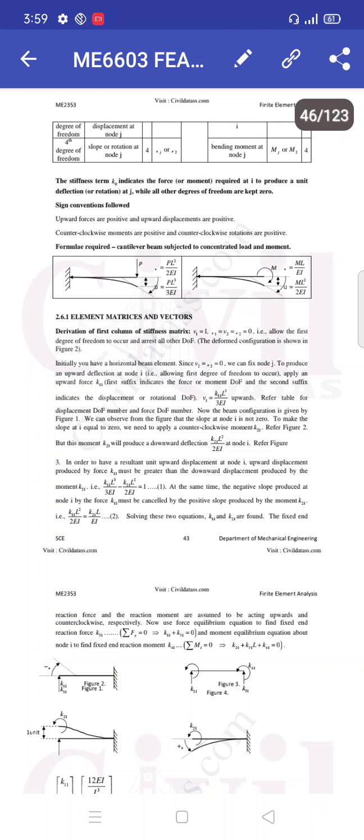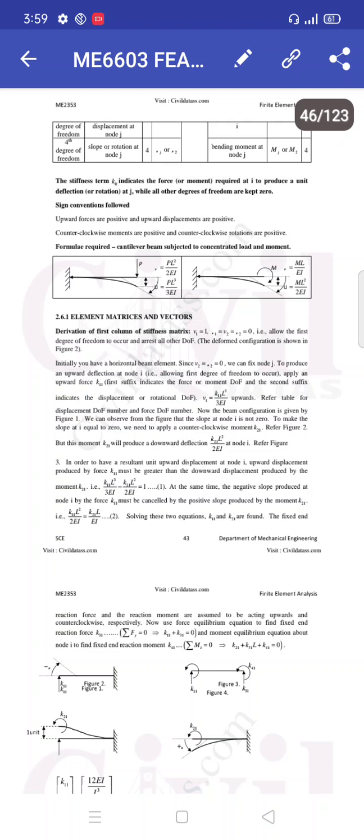Apply an upward force. The first subscript of stiffness indicates the force or moment degree of freedom, and the second indicates the displacement or rotational degree of freedom, that is upwards. Table: displacement degree of freedom number and degree of freedom number. Now the beam calculation is given by the figure shown here.